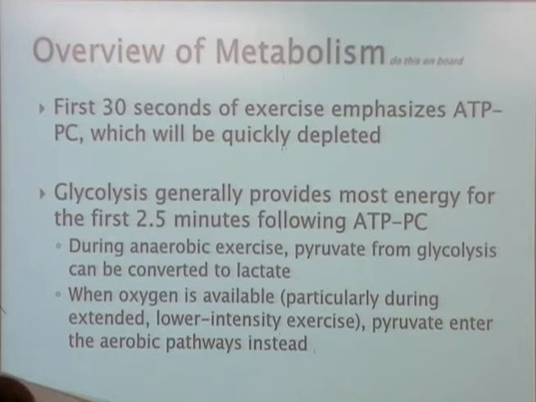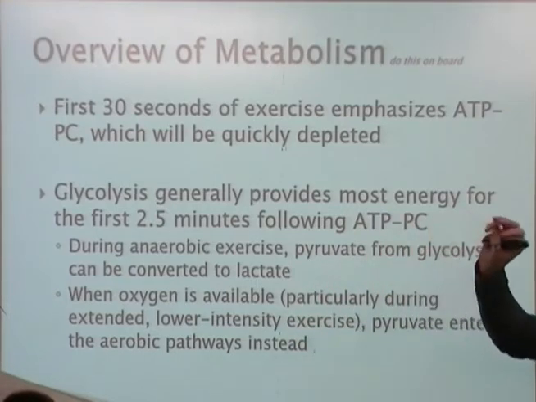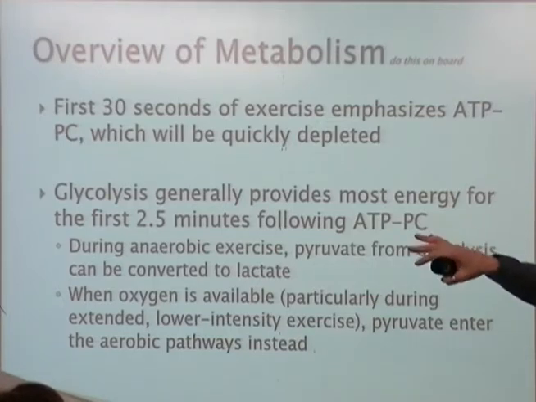So aerobic metabolism is predominant during extended, long duration, relatively low intensity, so either at rest or low to moderate. Once we start getting to those higher intensities, we're really working anaerobically because it takes too long to get oxygen to the muscle cell.